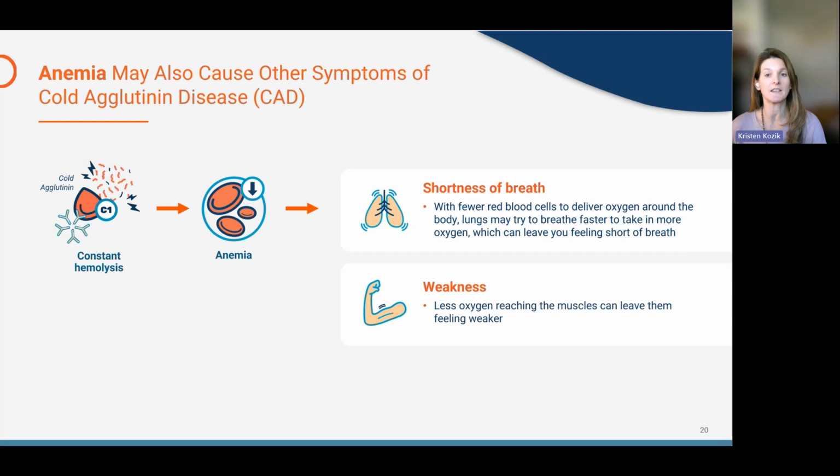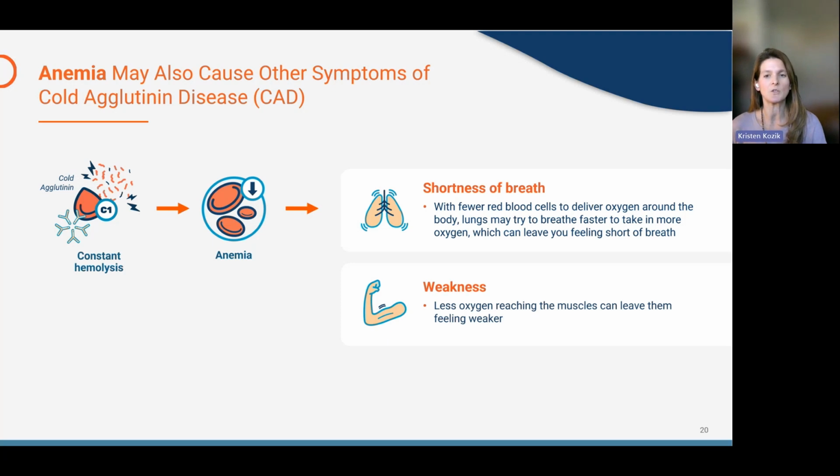As we discussed, CAD can cause anemia because of chronic hemolysis, the ongoing destruction of those red blood cells, which is set into action by cold agglutinins binding to the red blood cells. If tissues such as your brain, muscles, fingers, toes, and lungs are receiving less oxygen because the body has destroyed more red blood cells than it can replace, then they may not be working as well as they typically do.